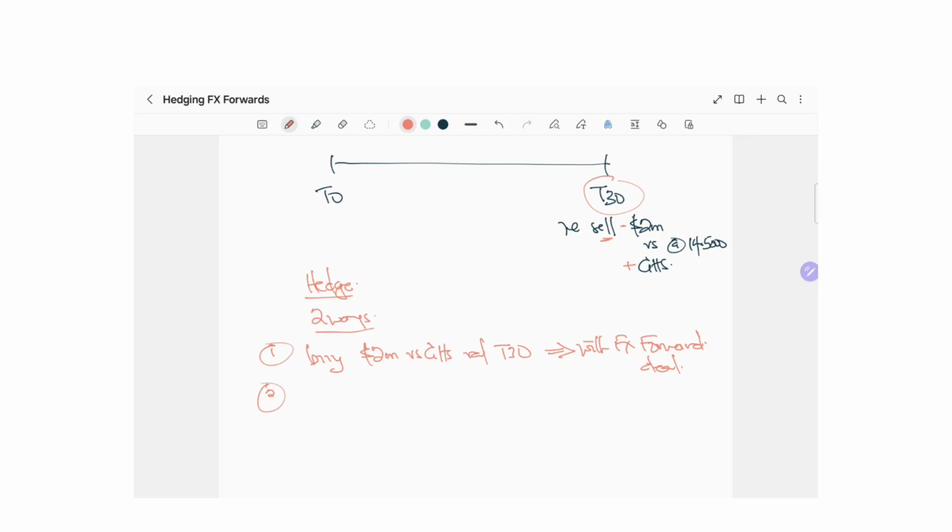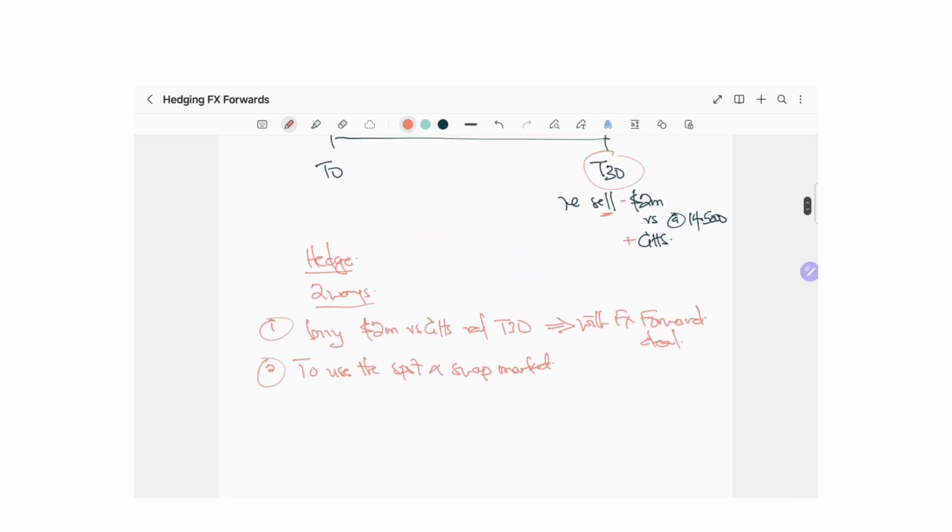The other way is to use the spot and swap market to hedge this exposure. What do I mean? With this deal, we have two options.